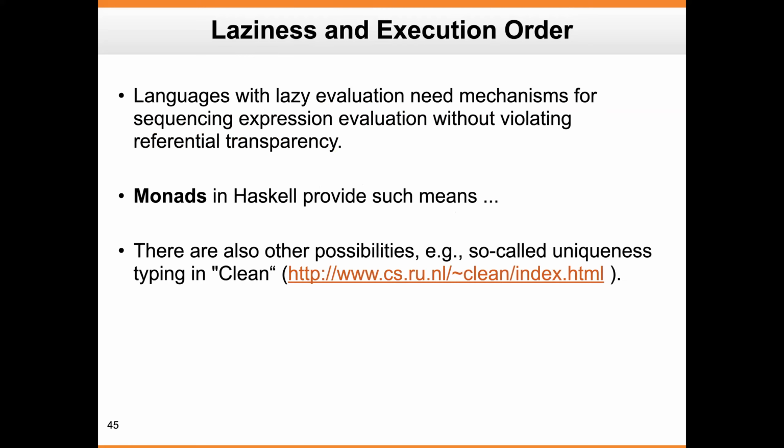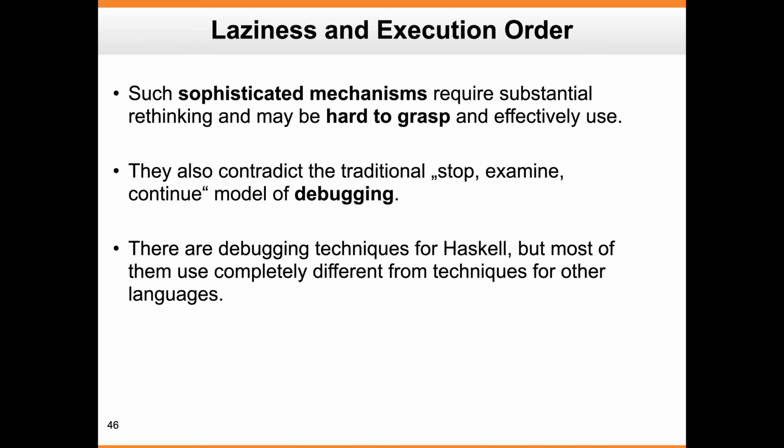So the problem is that languages with lazy evaluation need mechanisms for sequencing the evaluation of expressions without violating referential transparency. And Haskell has such mechanisms. They are called monads, and there are other languages that have other mechanisms. The thing is that these are pretty sophisticated mechanisms, so maybe not that easy to use and understand for the average programmer.